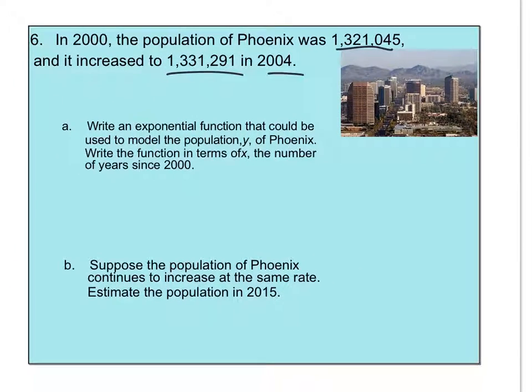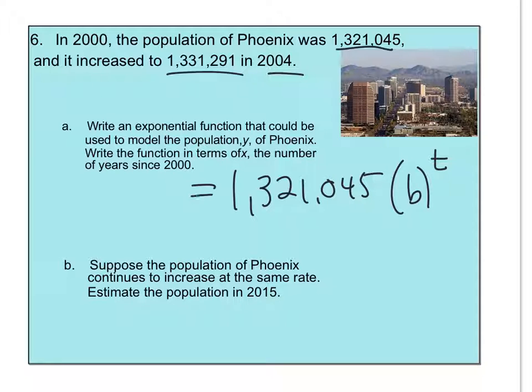So in 2000 at time 0, my initial starting amount is going to be 1321045 times whatever my growth rate is, time t, and that's going to equal my total.